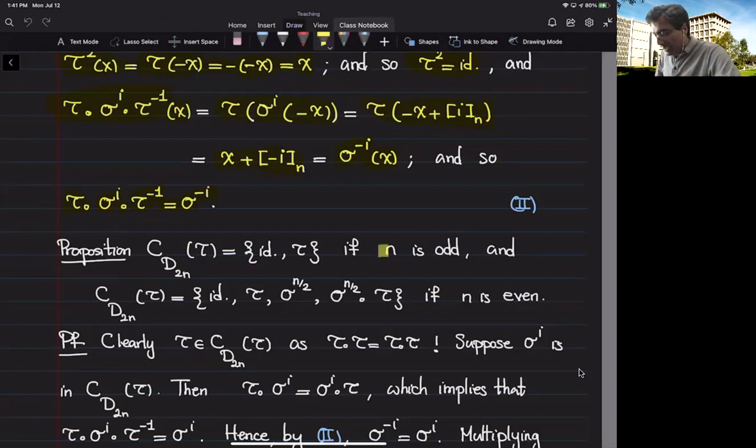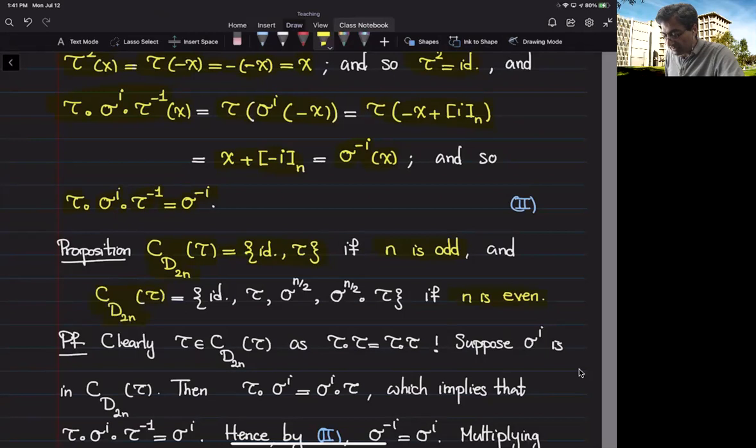If n is odd, then the centralizer of the reflection tau has only 2 elements. One of them is identity and the other one is tau. When n is even, however, we have 4 elements in the centralizer of tau.